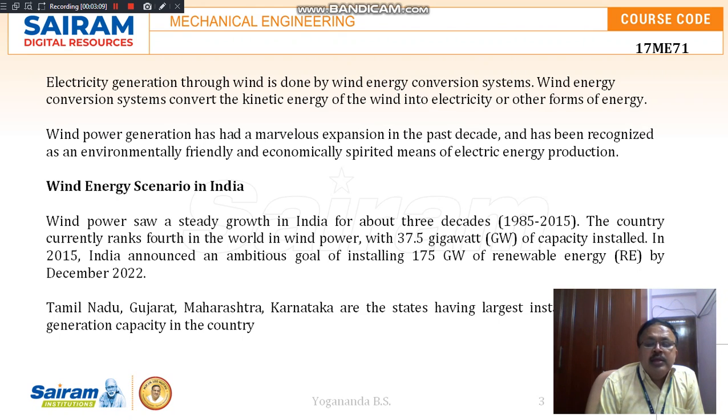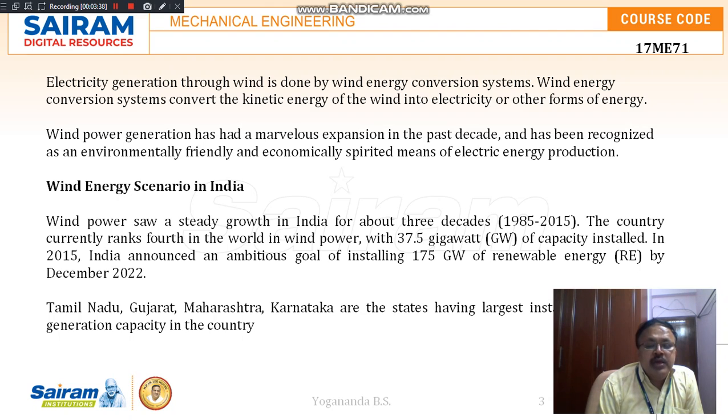The country is presently ranking fourth in the world in utilizing wind power, with a capacity of 37.5 gigawatts installed. In 2015, India announced an ambitious goal of installing 175 gigawatts of renewable energy by the end of December 2022.